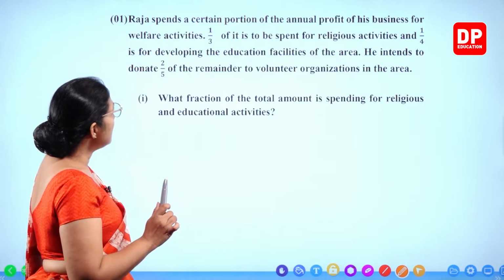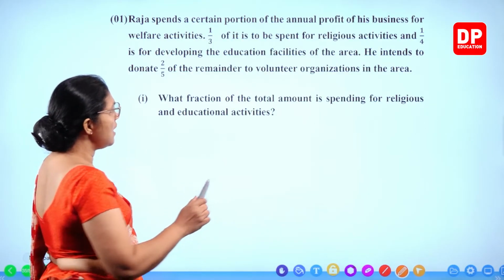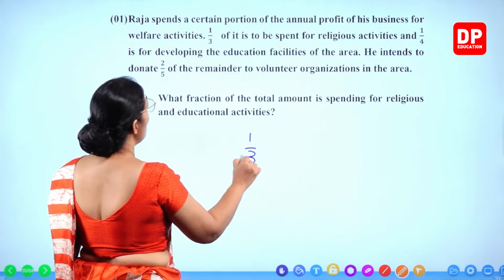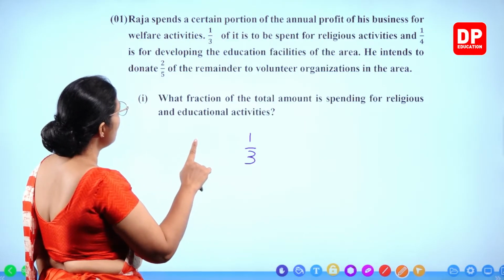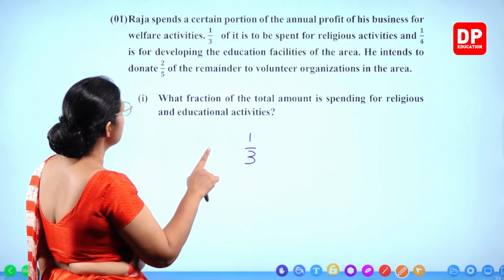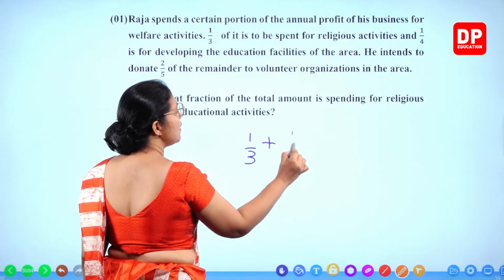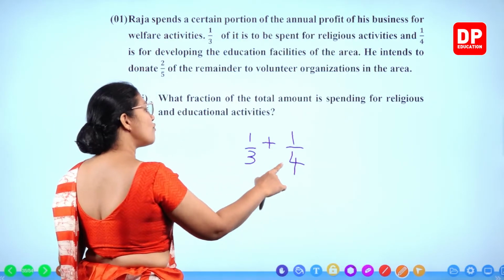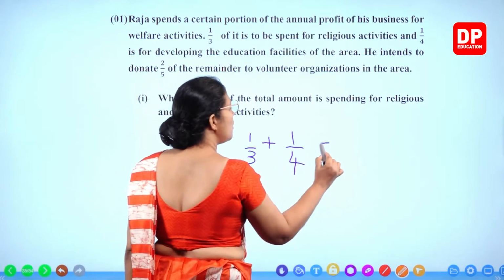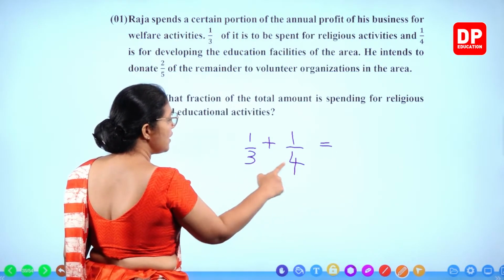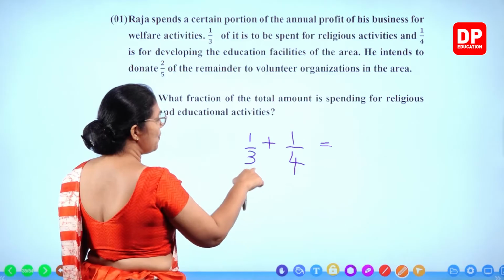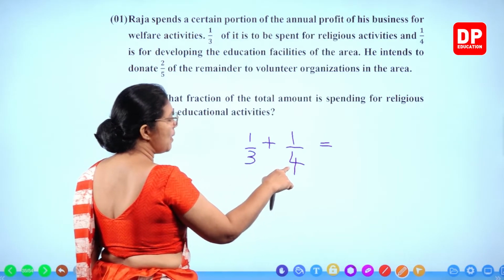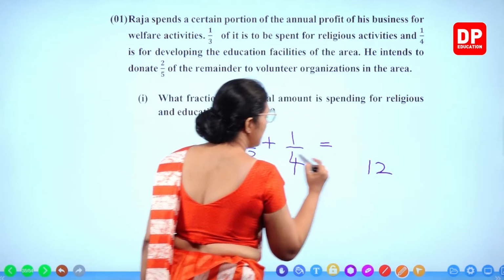So 1/3 is for religious activity and 1/4 is for developing educational facilities. So you have to find the total. Denominators are different. So how do you find the lowest common multiple of 3 and 4? 3 multiplied by 4, that's 12.